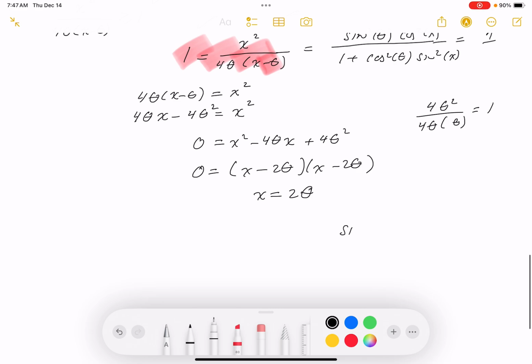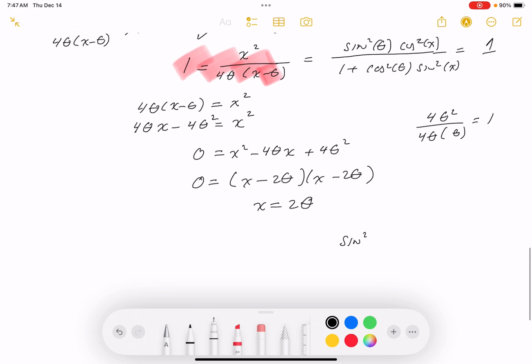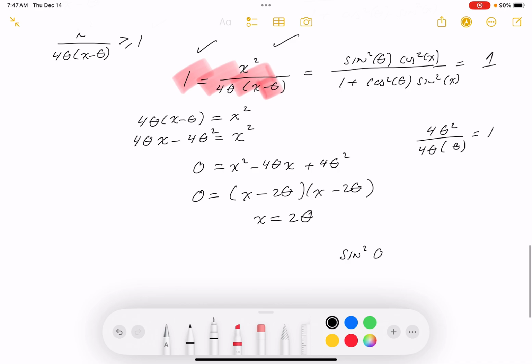That's going to be sine squared theta, and that's going to be cosine squared 2 theta now, right? And let's keep moving. On the bottom is 1 plus, and more difficult, isn't it? Cosine squared theta, and then sine squared 2 theta.